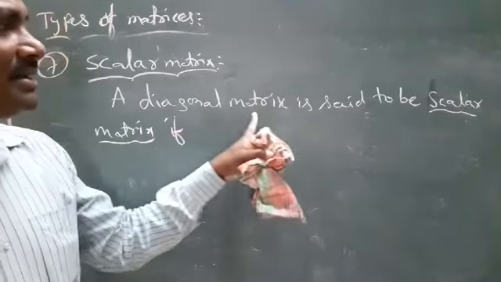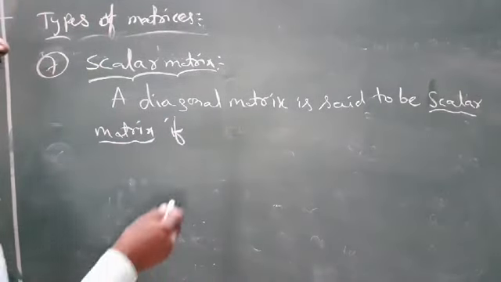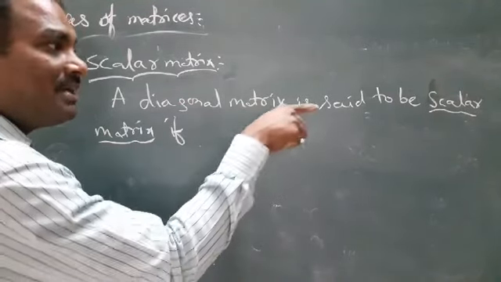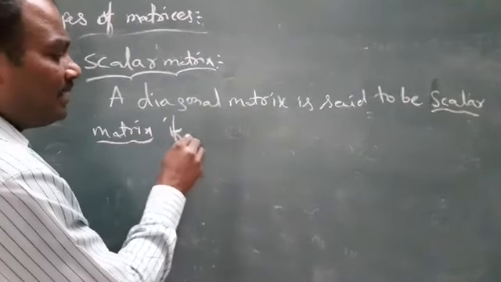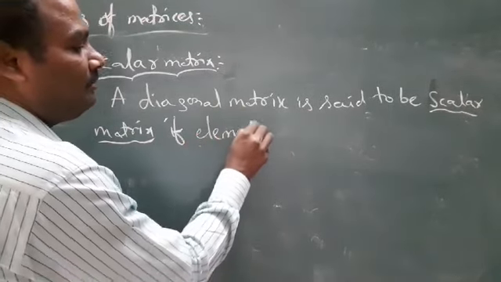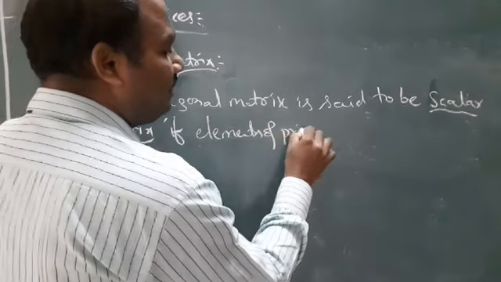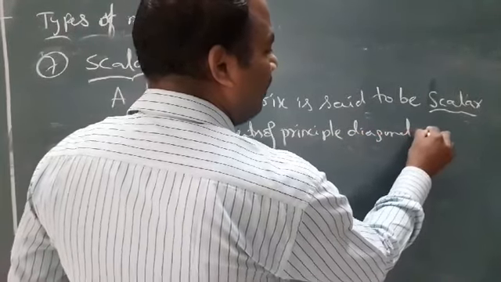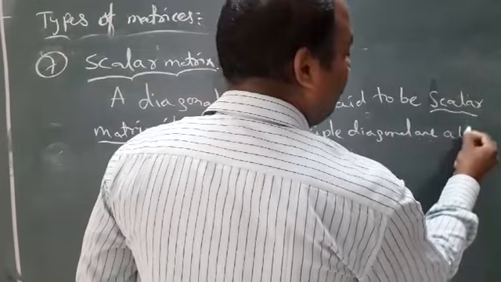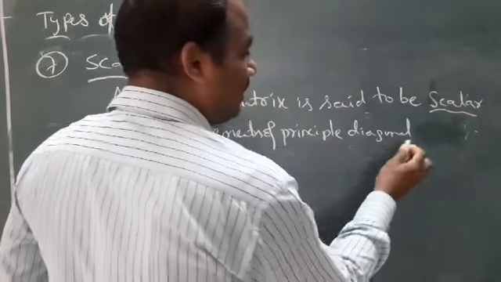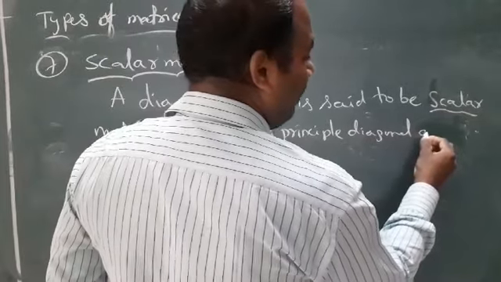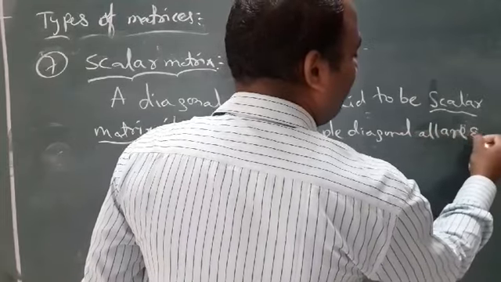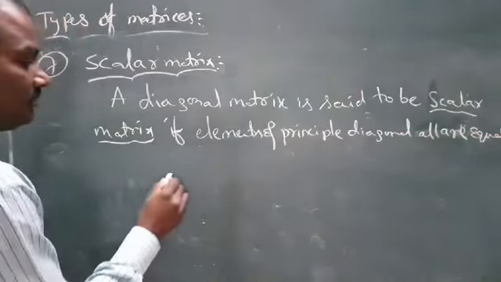Now a diagonal matrix is said to be a scalar matrix if the elements of the principal diagonal are all equal.